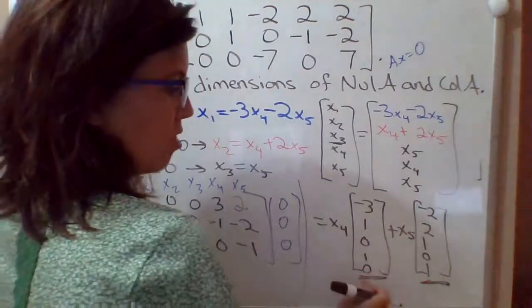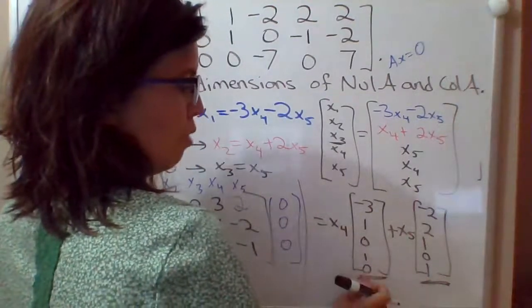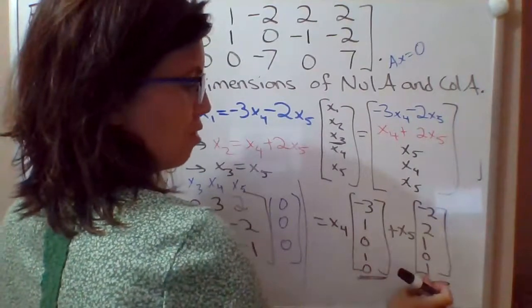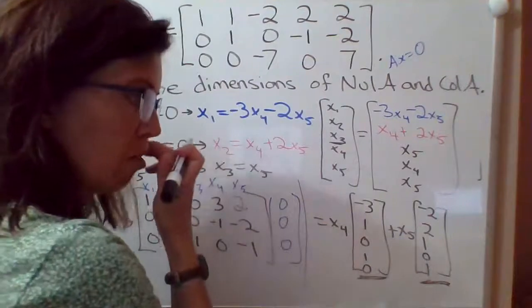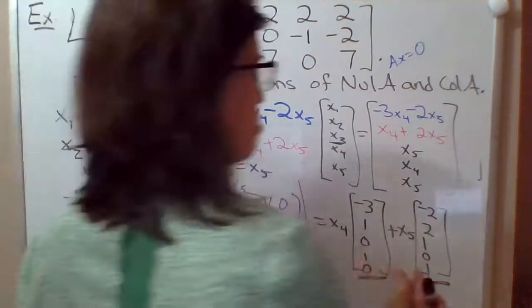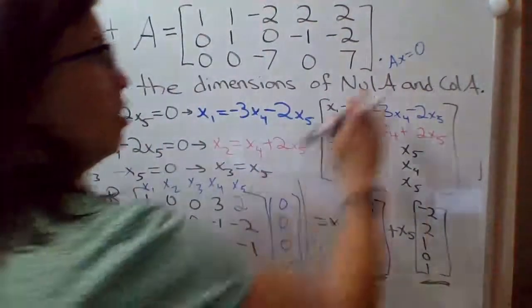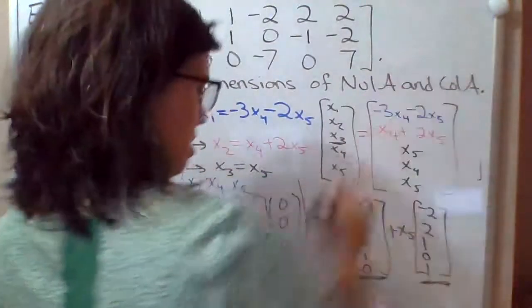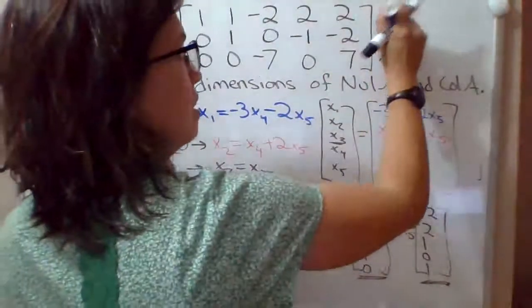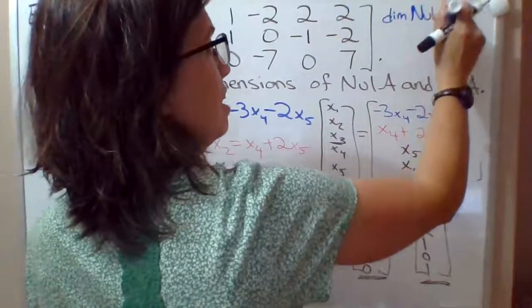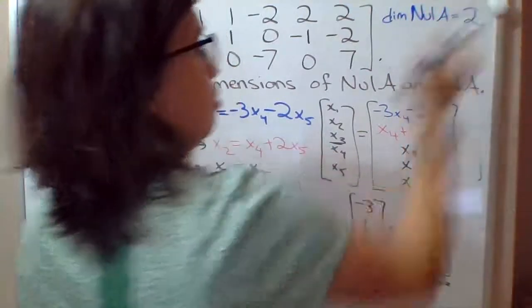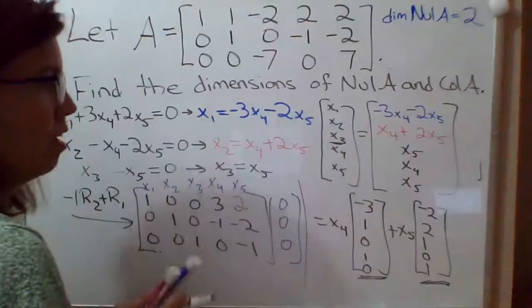I have two vectors, and if I have 0 in this entry and 1 in this entry, there's no way that this second vector is a multiple of the first or vice versa. So I'm confident that they're linearly independent. So the dimension of the null space of A is 2. We know that now.